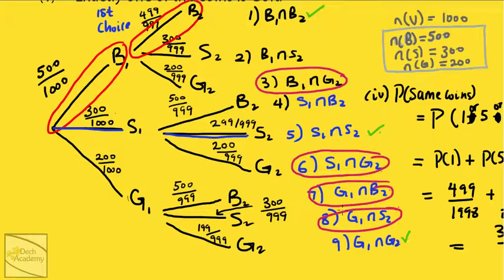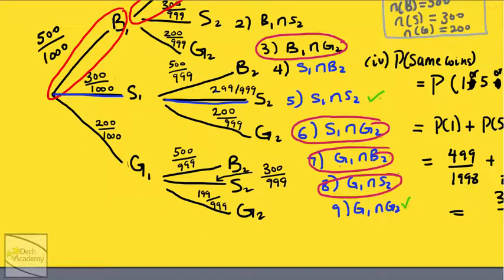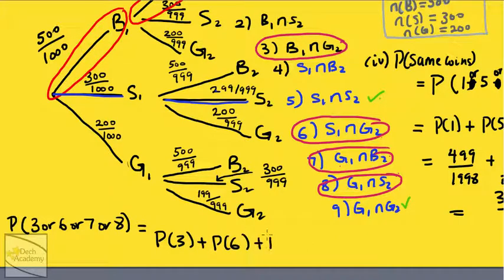We're interested in the probability of event 3 or 6 or 7 or 8 occurring. Each of these events is mutually exclusive, so the probability is equal to the probability of event 3 plus the probability of event 6 plus the probability of event 7 plus the probability of event 8.